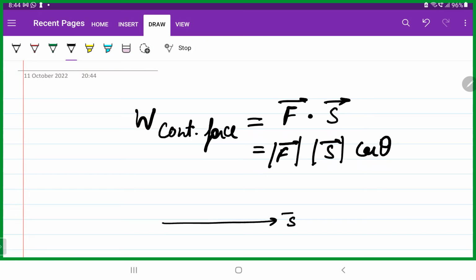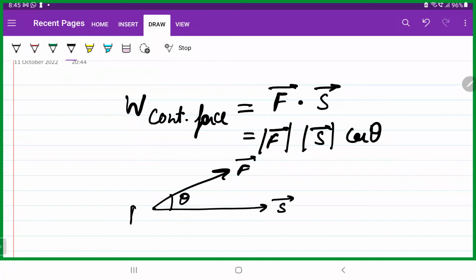So this is the displacement, this is the force, this angle is theta, right? Suppose on a box or any object, to make you understand, I'm just drawing it. Force is applied at angle theta, and we calculate work done like this.